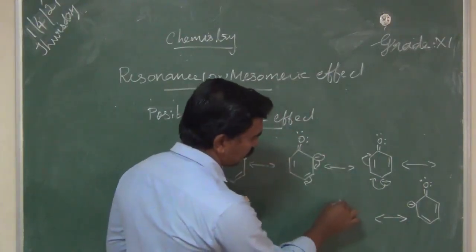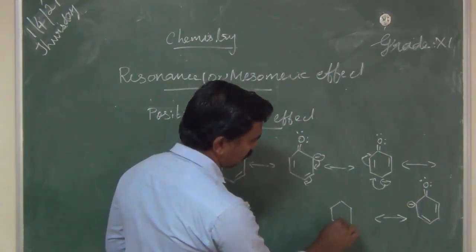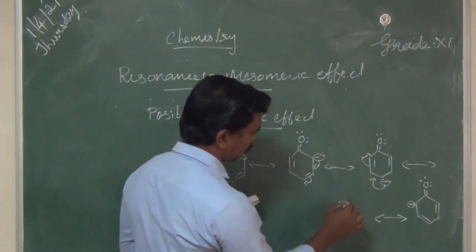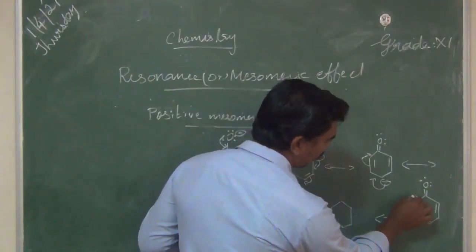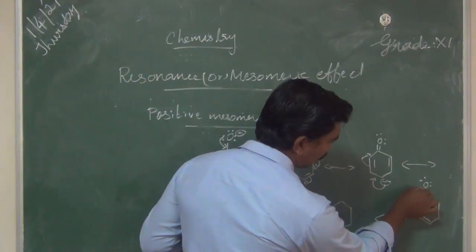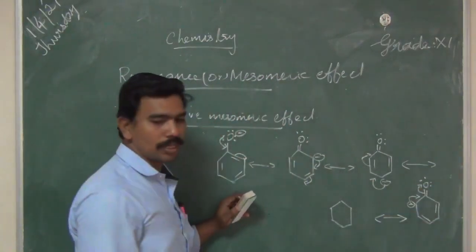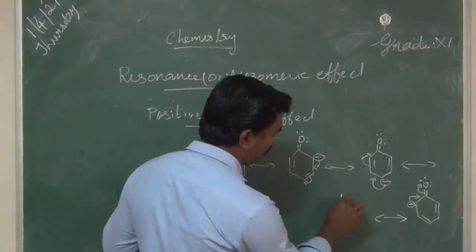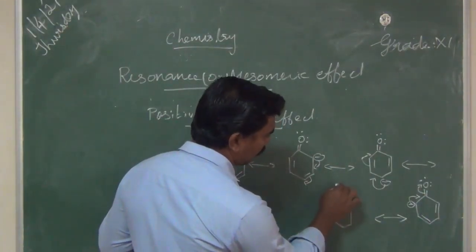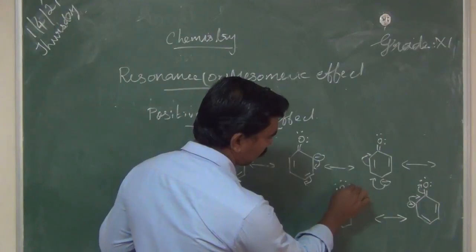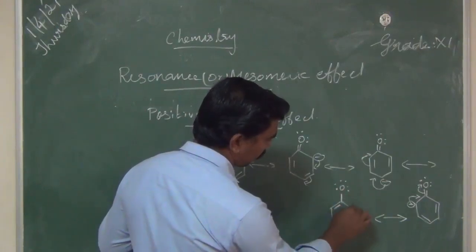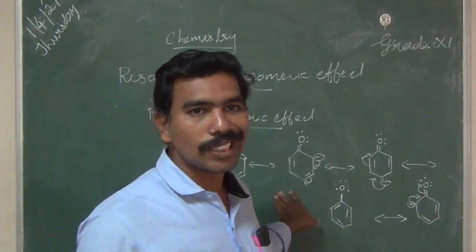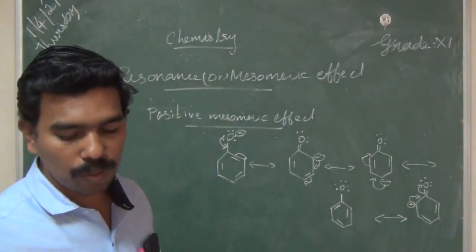The next structure, this electron moves here, so it comes back to the original first state. The single bond will come, oxygen with 3 lone pairs of electrons. Okay, the phenoxy group is more stable than the phenol group.